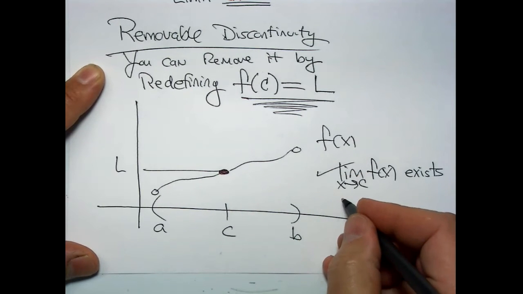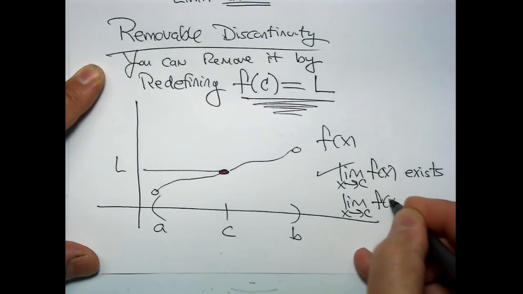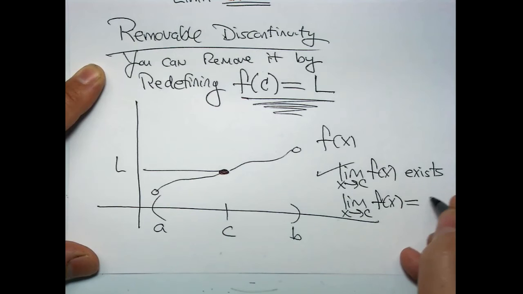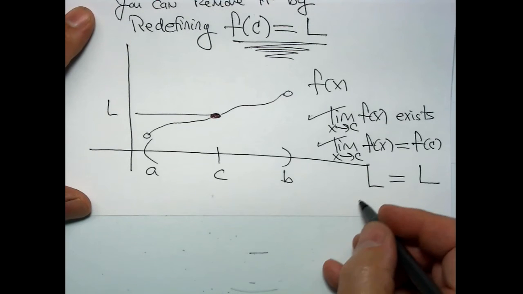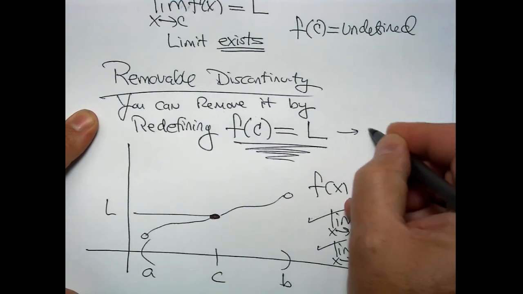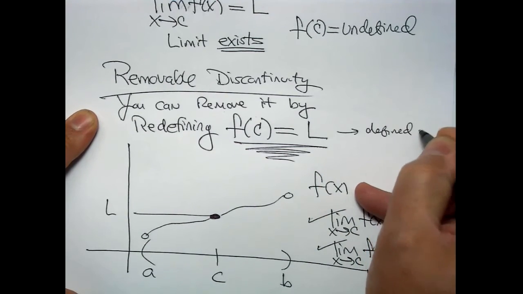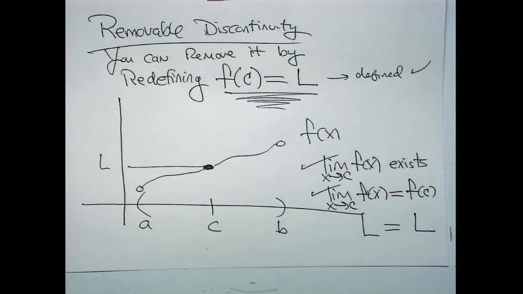Check. The limit is equal to the function value, in this case L. Check. And I probably should have stated this first. The function value is defined now. Check. So those are the hallmarks of a continuous curve.